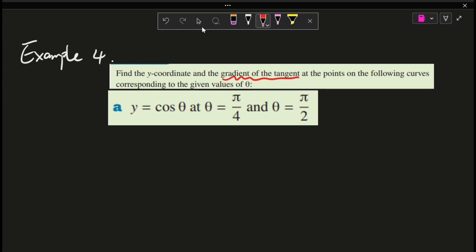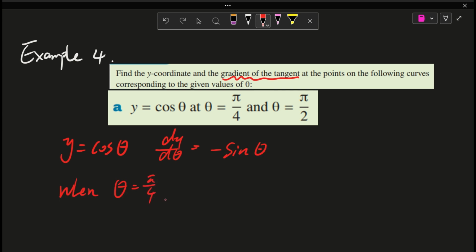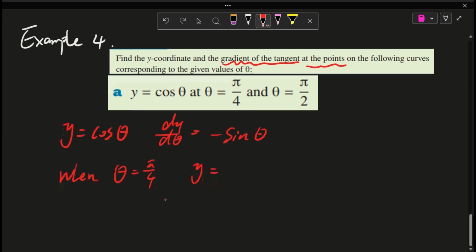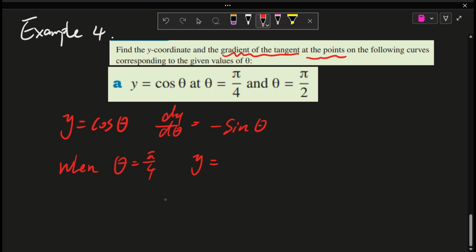For this one, because y equals cosine theta, dy d theta equals negative sine theta. When theta equals pi on 4, we need to find the point and also the gradient. So y equals cos pi on 4, which equals root 2 on 2.